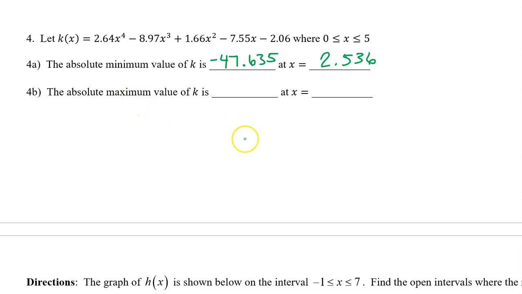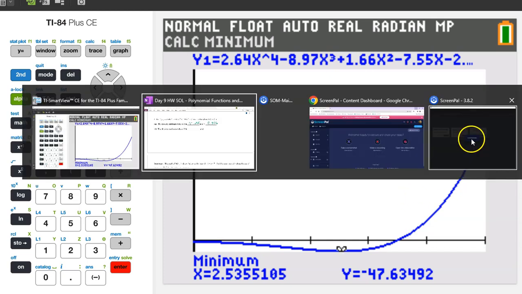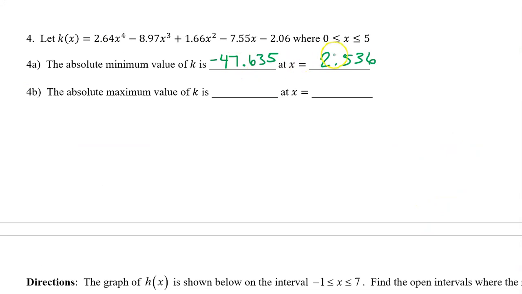The absolute maximum is going to be this point off to the side, right? It's at the right extreme of the interval. So we know where it is because the interval goes from 0 to 5. So we know this absolute max is going to be at x equals 5.